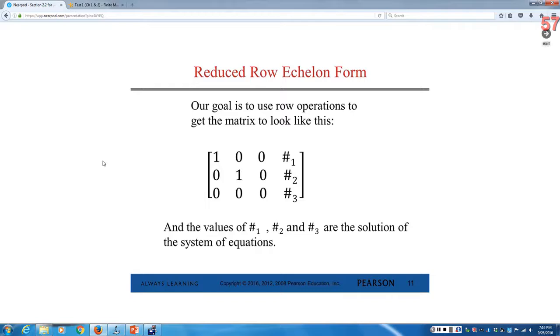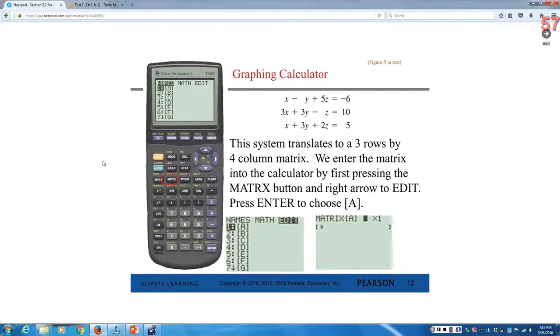If I go too fast, you let me know and I'll come back. Everybody get your calculator. And then we just go step by step. As far as I know, this is the same on the 84 as it is on the 83. So you're going to hit the matrix button.